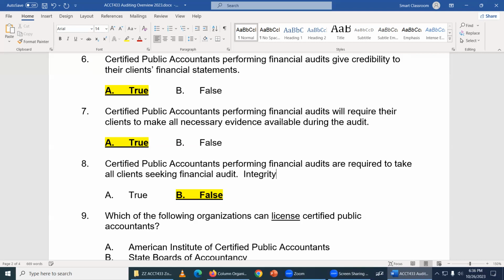You do not want to be associated with a client of ill repute, most importantly because of credibility. By taking on a client that is less than an upstanding citizen, you diminish the entire profession, and you also harm anyone who has your name on their audit report.